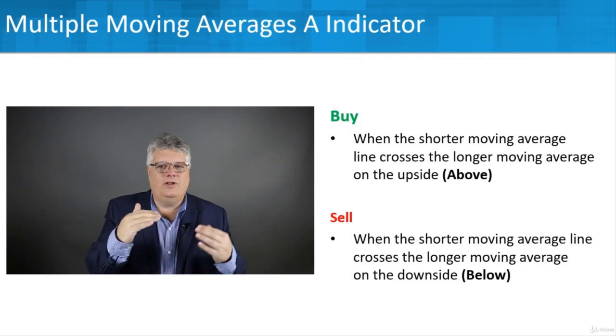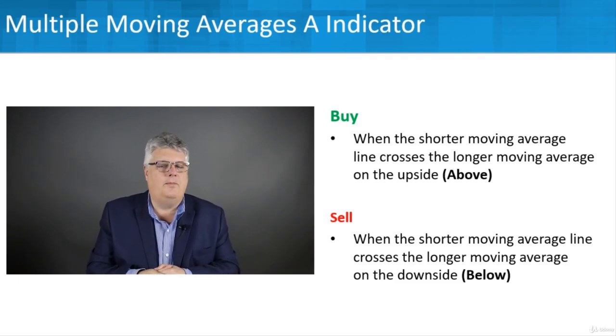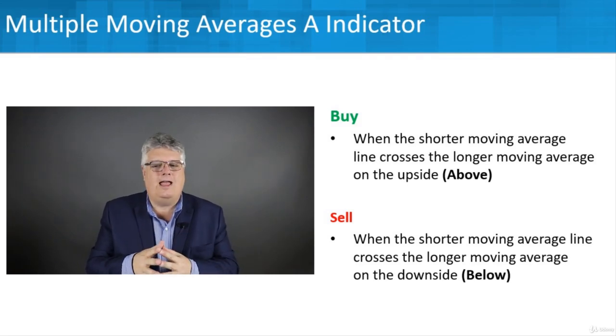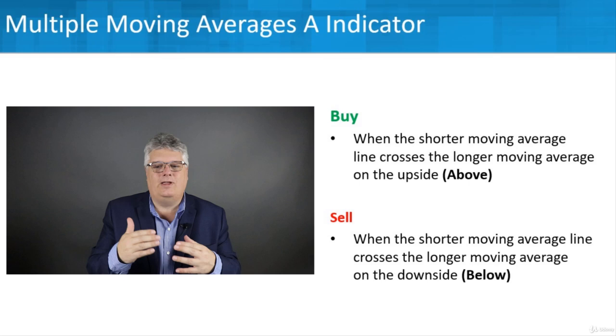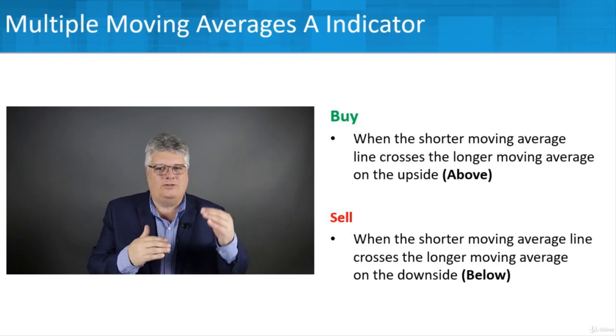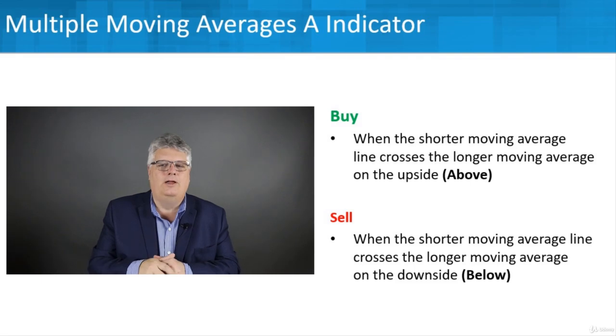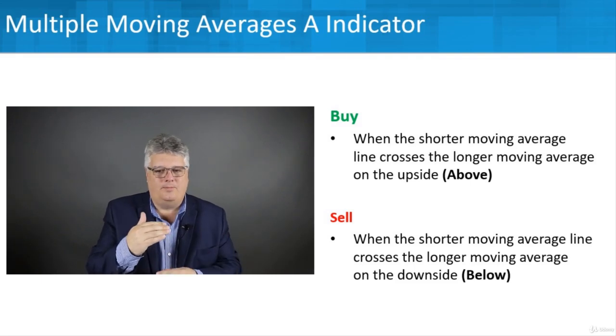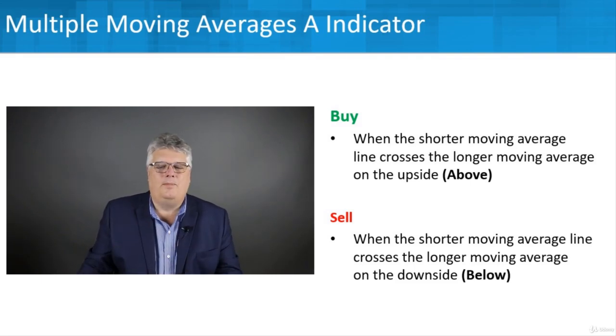So the shorter one has crossed above the longer line. By the same token, you sell when the shorter moving average line crosses the longer moving average on the downside, going below it. And the buy, of course, is when the shorter one goes above the longer one.